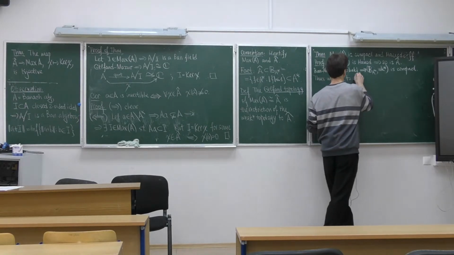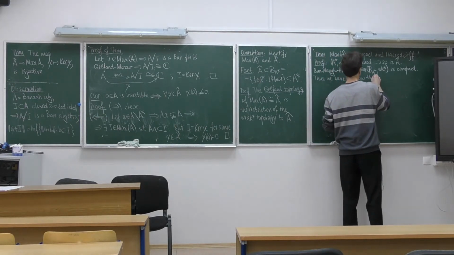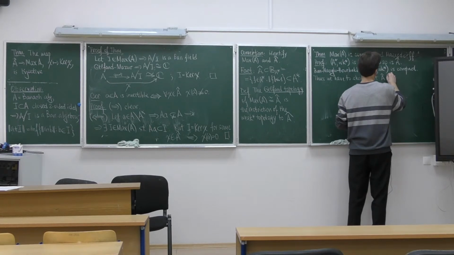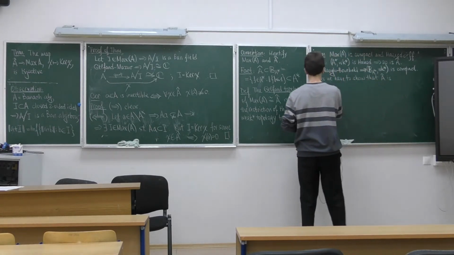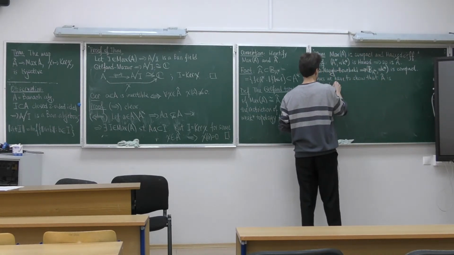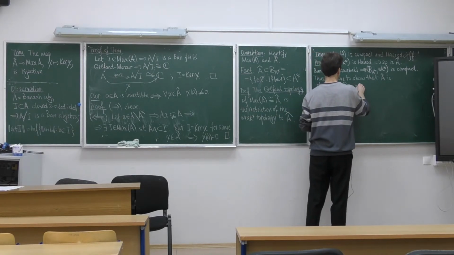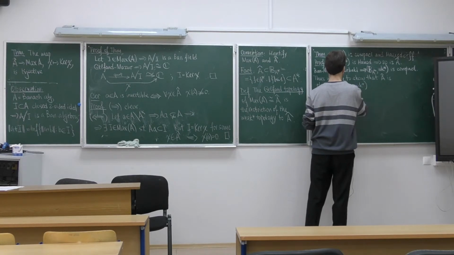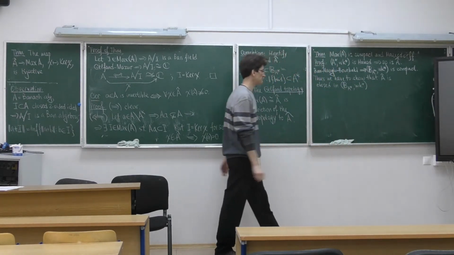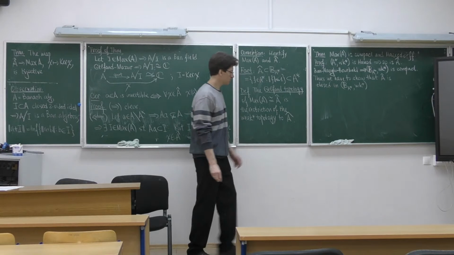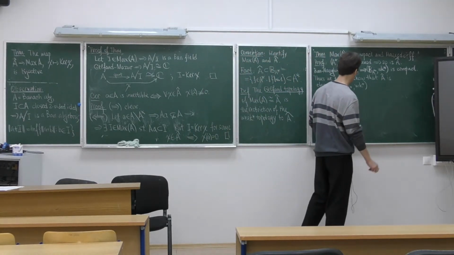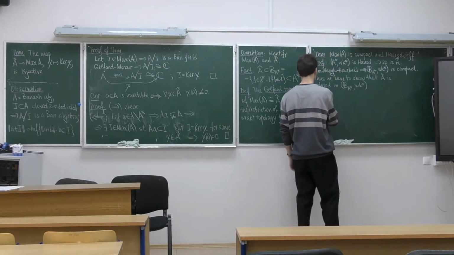I have to show that A hat is closed in the unit ball with respect to the weak star topology. And to show that it is closed, let's observe the following.